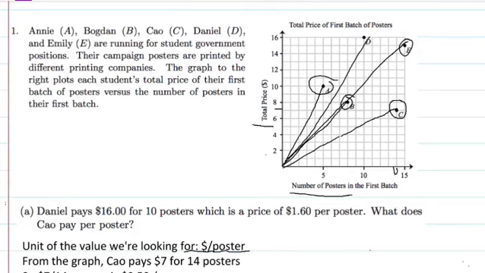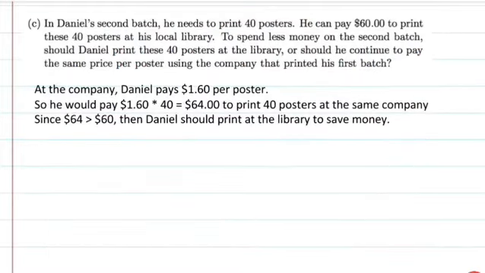And what we see from here is that Bogdan and Emily, their points lie on the same line from the origin, meaning that they have the same slope from the origin to their point. And as we said earlier, that means they have the same cost per poster. And notice in this approach, we didn't even calculate the cost per poster for each person. We directly used the graph to find out which two people have the same cost per poster.